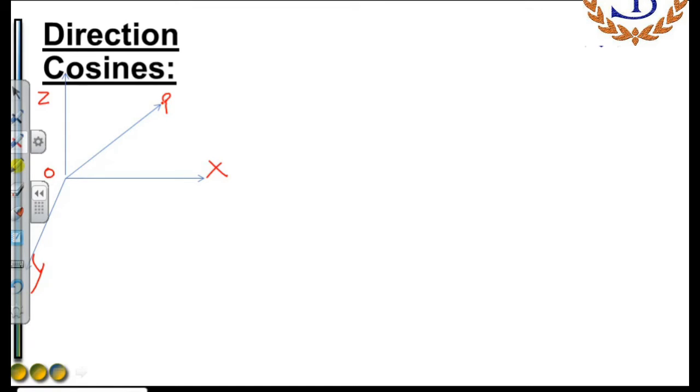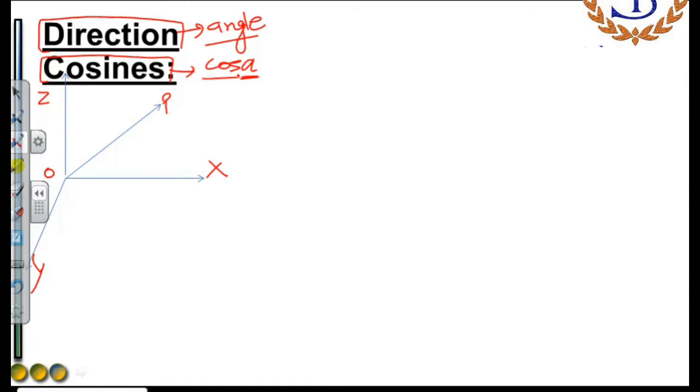Now what are the direction cosines of this vector OP? Direction is always given by an angle, and cosine we all know is the cos of an angle. Suppose cos A, it means cosine of A.